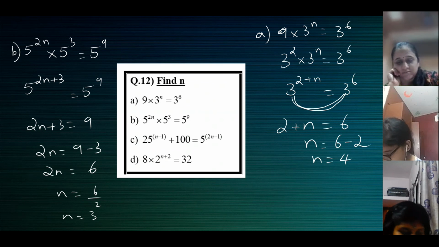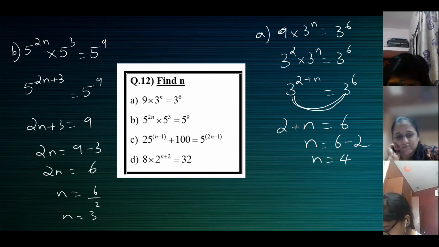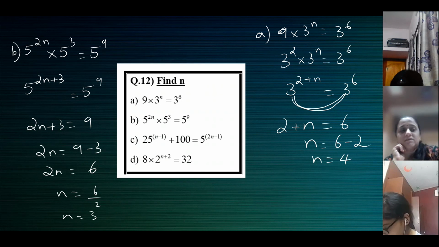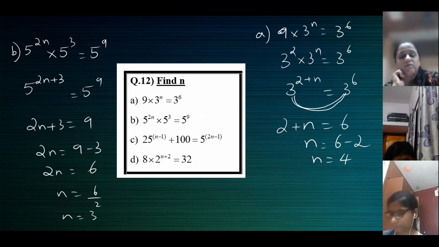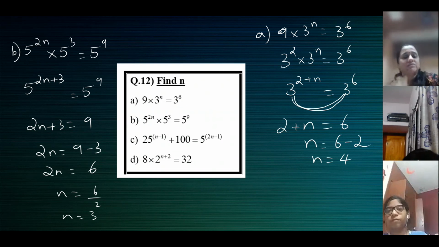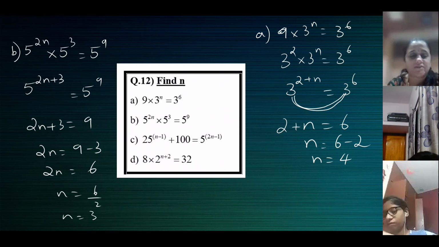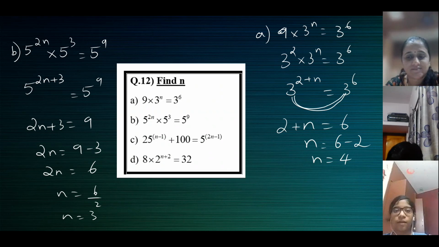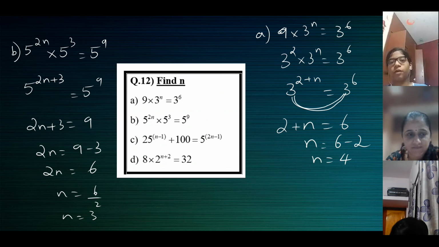Ma'am, I'm getting the answer n is equal to 3. Understand, children? The rule we are using is when bases are the same on both sides, we can equate the powers. So on equating the powers and solving, we find the value of n. So n is equal to 3. Ma'am, I mistakenly added 3 and 2, so I got 5. Oh, okay.